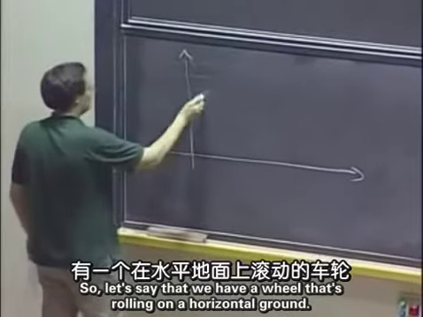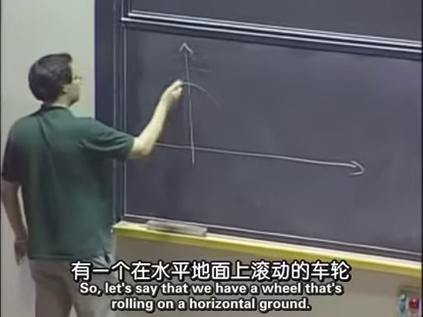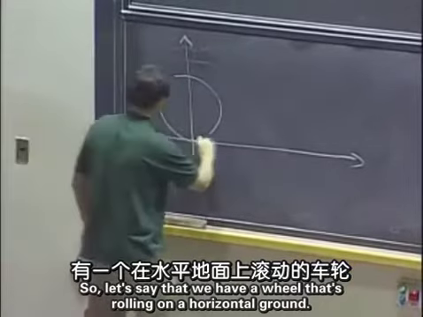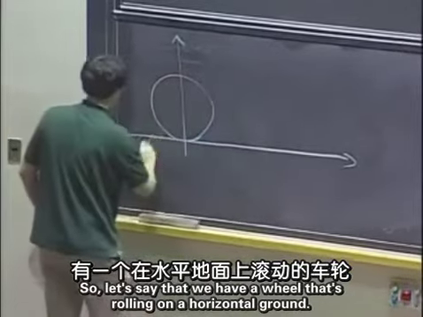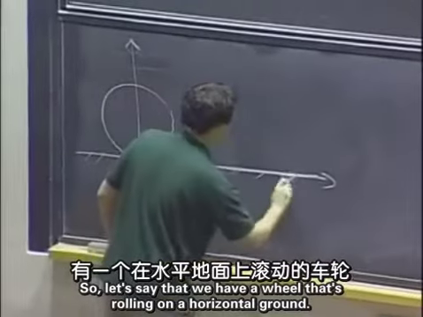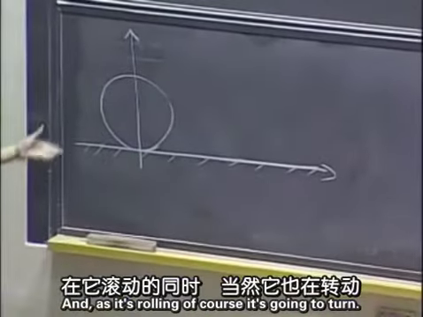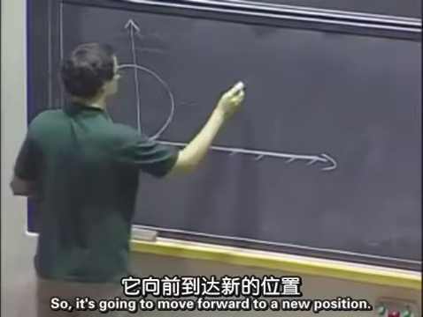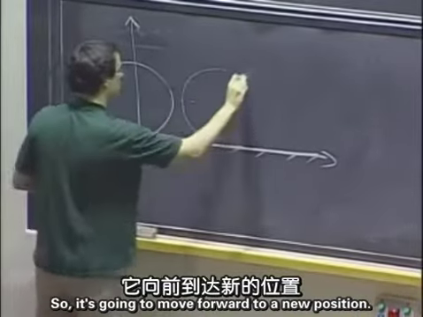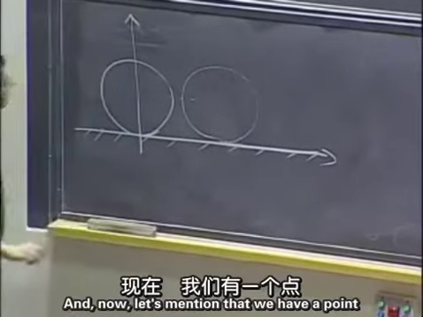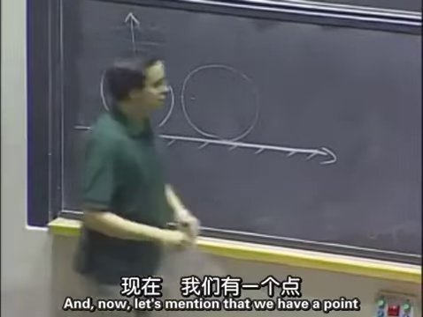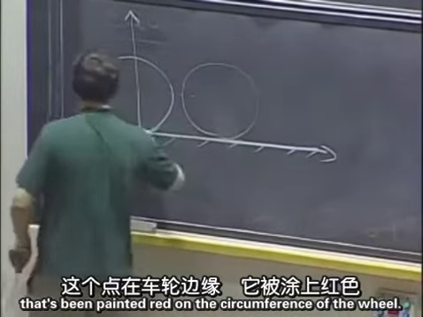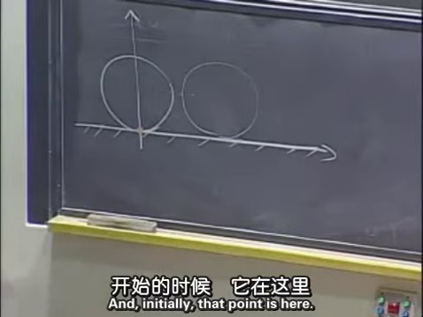Let's say that we have a wheel that's rolling on a horizontal ground. As it's rolling, of course, it's going to turn, so it's going to move forward to a new position. Now let's imagine that we have a point that's been painted red on the circumference of the wheel, and initially that point is here.